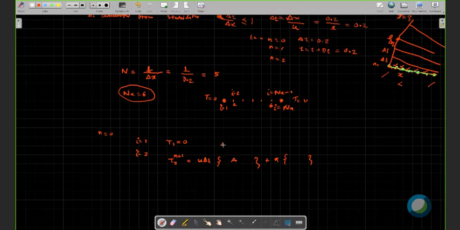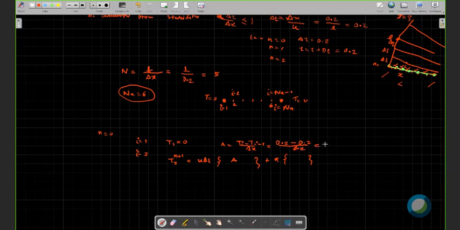Suppose a is like ti minus ti minus 1 divided by delta x, then you substitute those values. What is the ti value? Suppose ti value is 0.2 minus, what is ti minus 1 value? Again 0.2, divided by delta x. Delta x is nothing but 0.2.